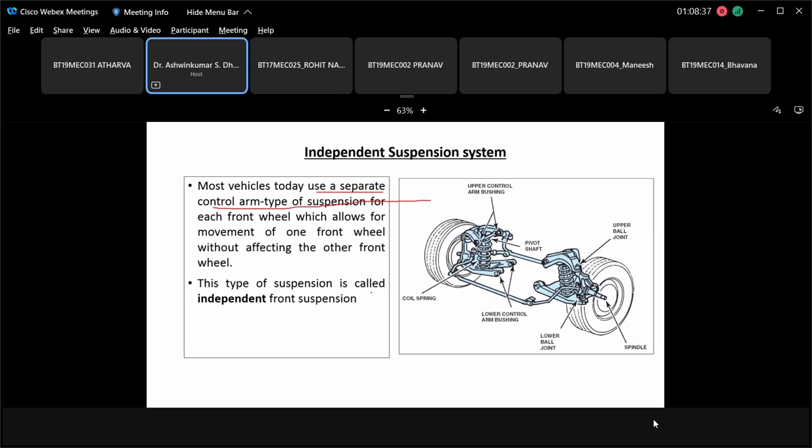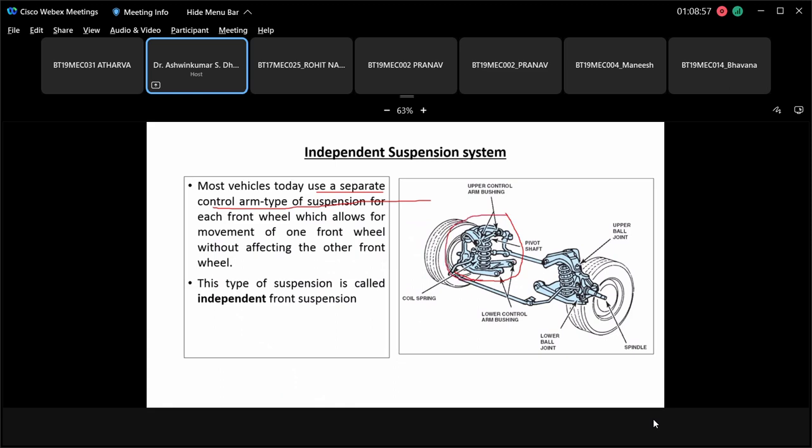This type of suspension is called the independent suspension system. So I have shown you the video as well on the rigid axle suspension system and independent suspension system. Please note the complications which are there in the independent suspension system.